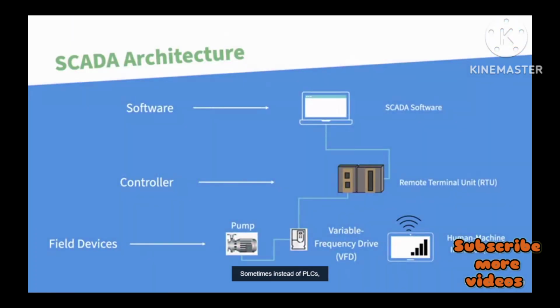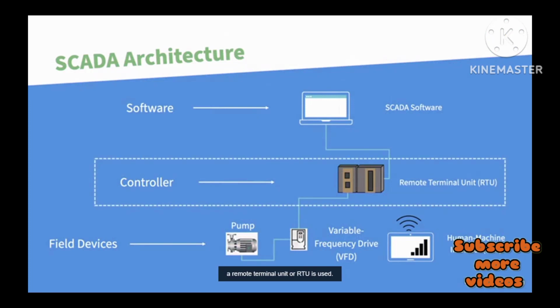Sometimes, instead of PLCs, a remote terminal unit or RTU is used. An RTU is a microprocessor-based device that monitors and controls field devices. RTUs are usually used in remote locations, like pump stations or wastewater treatment locations.